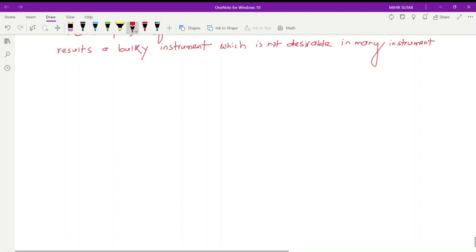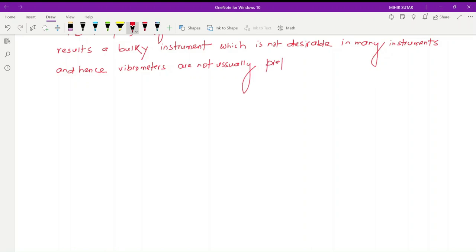And hence vibrometers are not usually preferred for vibration measurement.